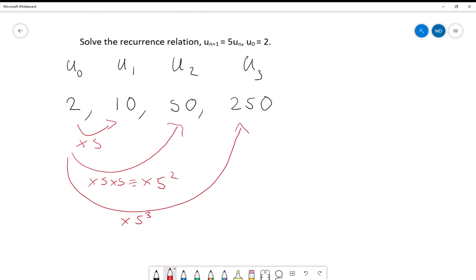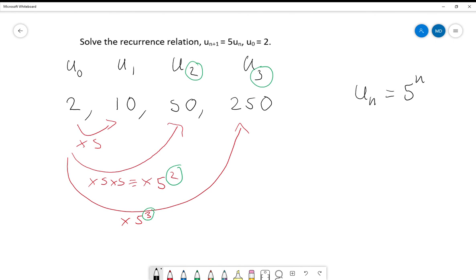So in this case, notice that the n is our power, because what we're doing is lots and lots of multiplication. So we know that it must be something like u_n is equal to 5 to the power of n.